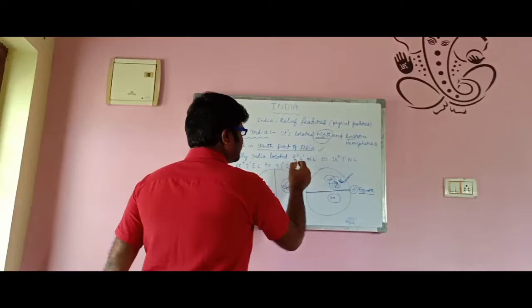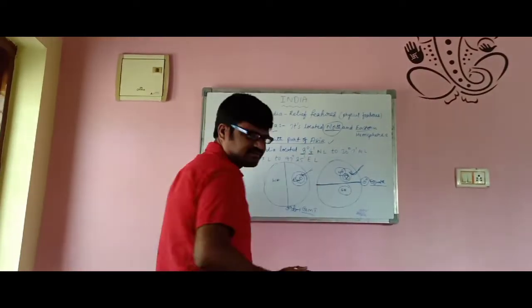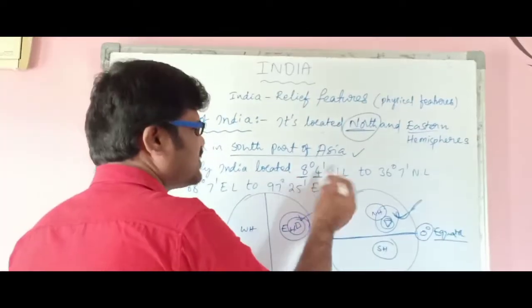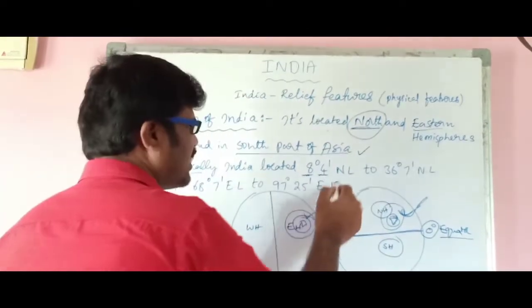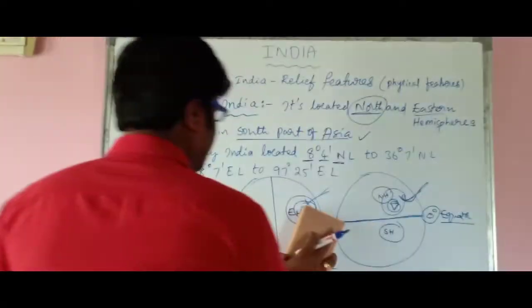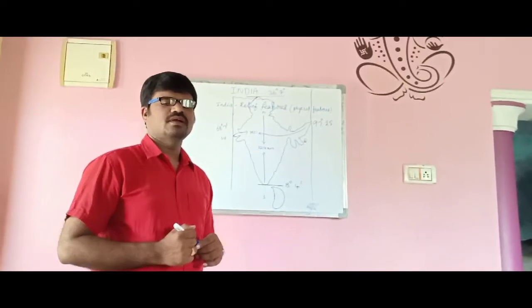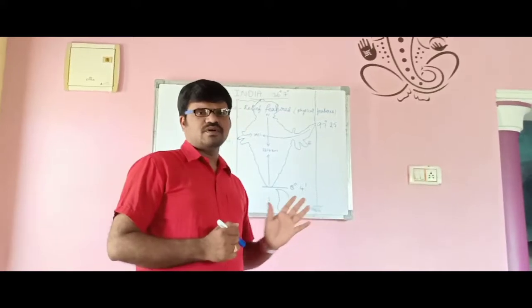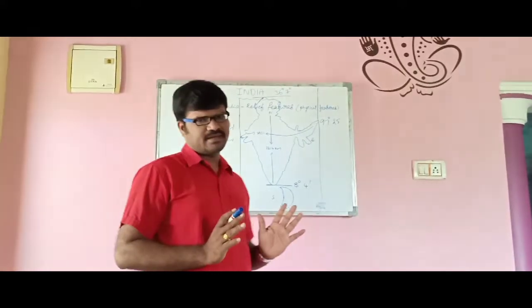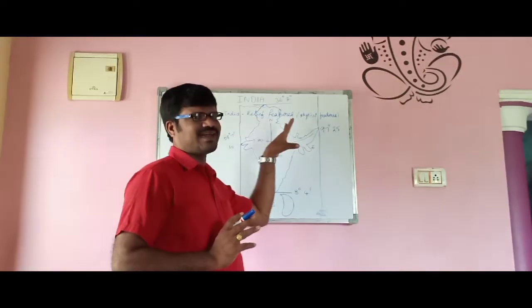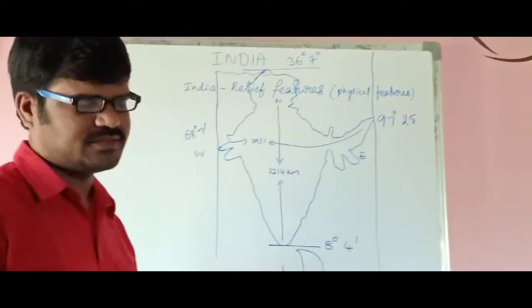Geometrically, India is located at 8 degrees 4 minutes. Some people call it 8 degrees 4 inches. North latitude. Children, here, if I draw the India map, right? According to geomorphologists, India is located in between these latitudes and longitudes.